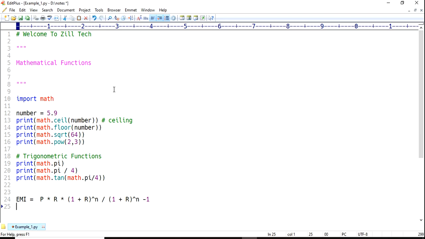To perform 1 plus r power n, you need a function like power. Without power we can't calculate it. This is an example in real-time banking applications where we use mathematical functions.